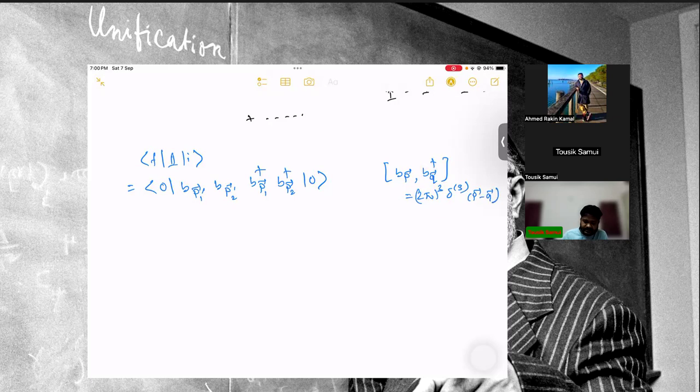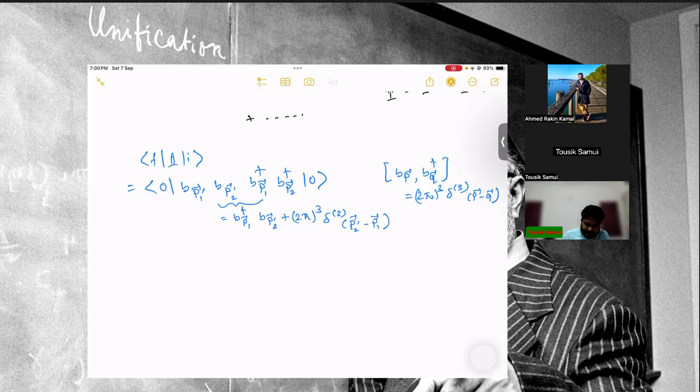So this is the relation that we have, and then if we try to swap this, it will become b_p1 dagger b_p2' plus 2 pi whole cubed delta cubed (p2' minus p1).